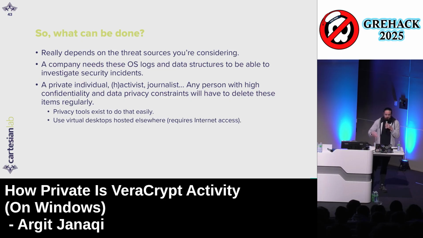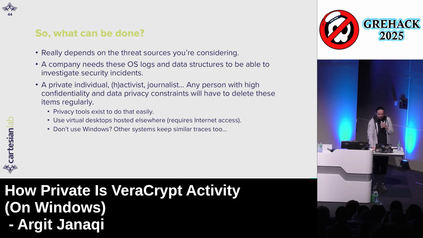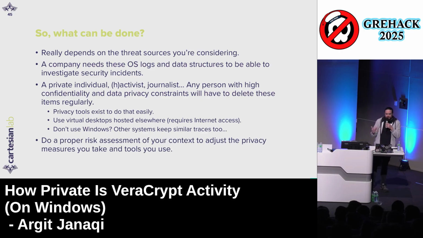You can also consider not using such VeraCrypt things, but use virtual desktop hosted elsewhere, but this requires internet access, so it has some constraints. I hear somewhere people saying, oh, don't use Windows at all, but don't fool yourselves, other systems keep similar traces just in other structures anyway. So the actual way to protect yourself is to do a proper risk assessment of your context, adjust the privacy measures you take and the tools you use to be protected from external attackers.